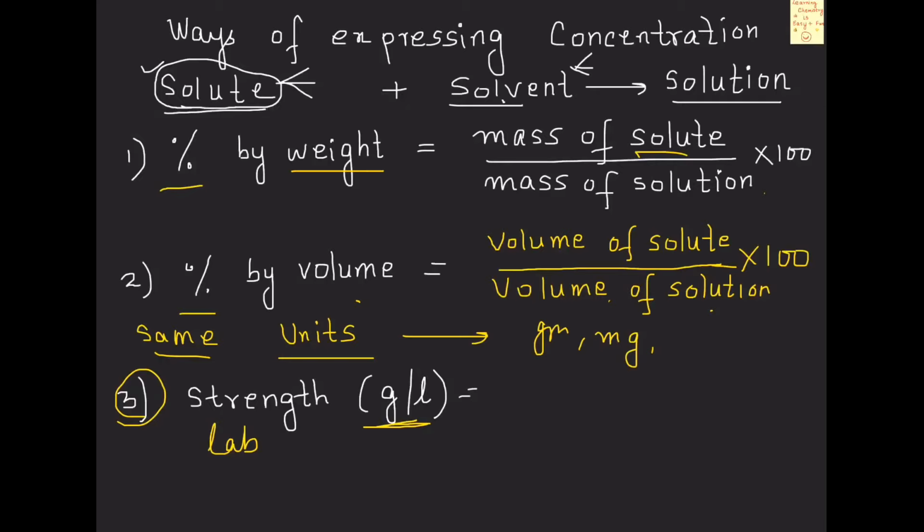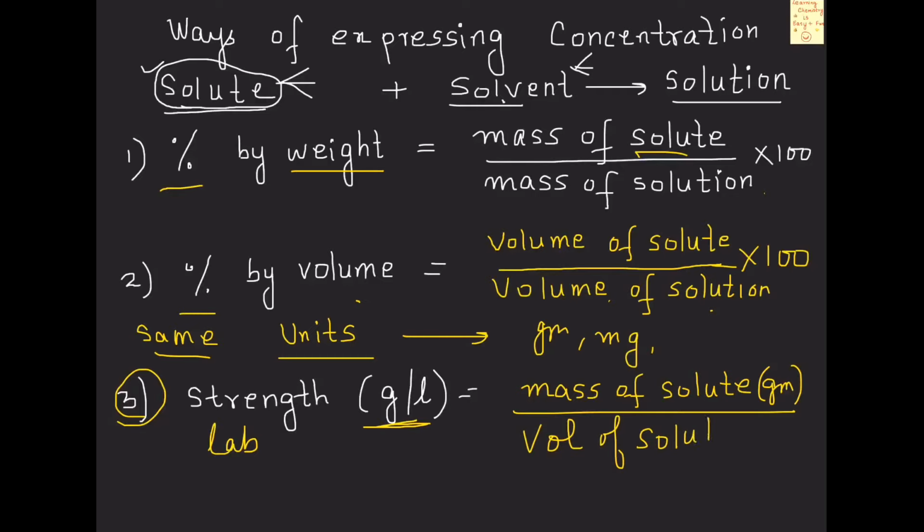Strength in gram per liter. What do we mean by strength in gram per liter? This simply is the mass of solute in grams divided by, yes, the volume of solution in liters.